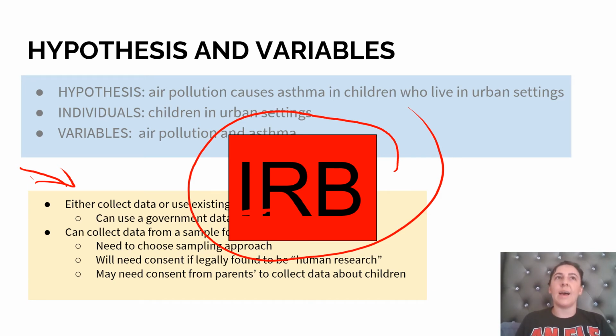There's no risk of you accidentally not being careful with someone's personal information and having it spread everywhere. There's no risk of you doing something illegal when you were given this information by the government to use for your study. So you're good there. But if you're collecting your own data sample and doing it on your own like that, you definitely need to go through an IRB, or a review board, an internal review board.